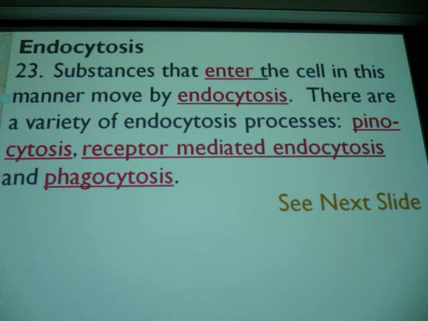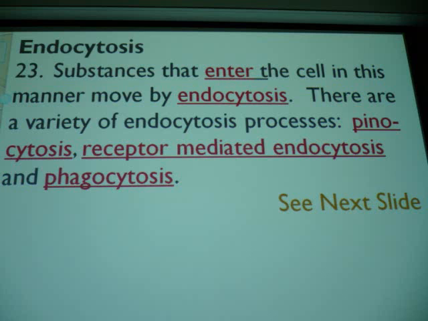Endocytosis, there are several kinds of ways to take something in. There are more ways to take it in than to get rid of it. I already mentioned to you pinocytosis. There's also receptor mediated, and I'll show you how that works. And there's one called phagocytosis that white blood cells do.